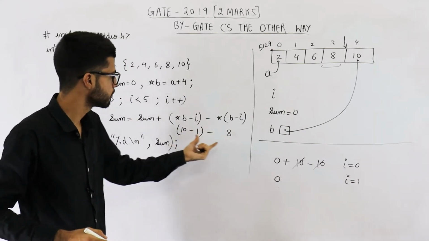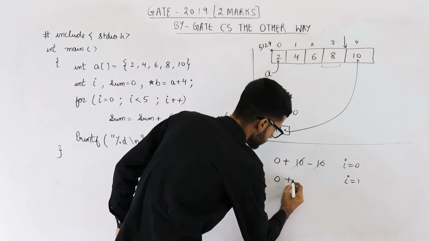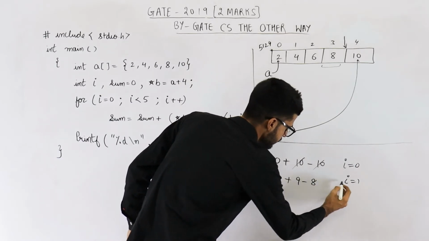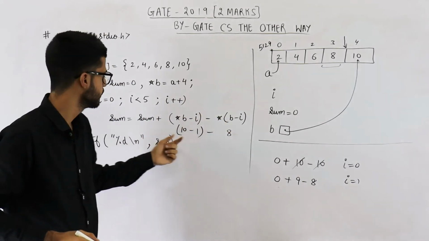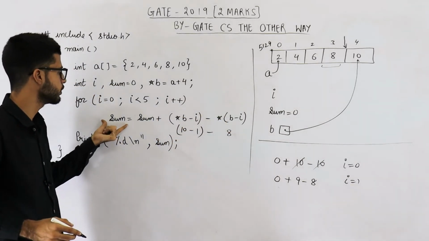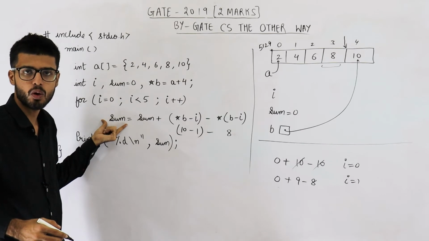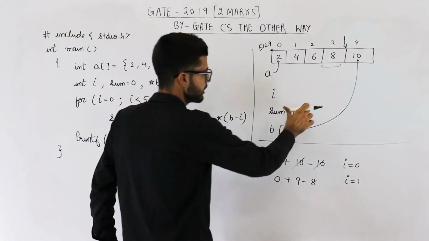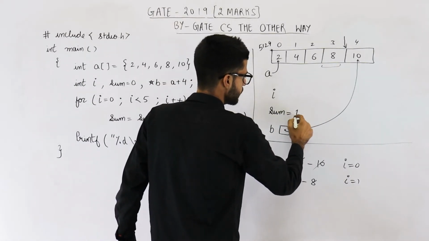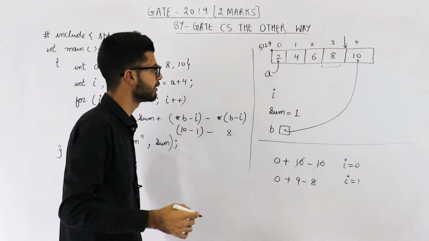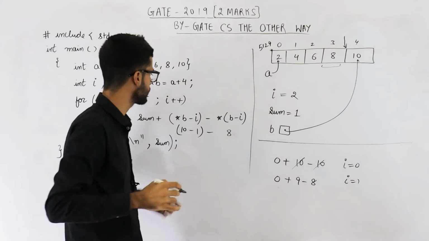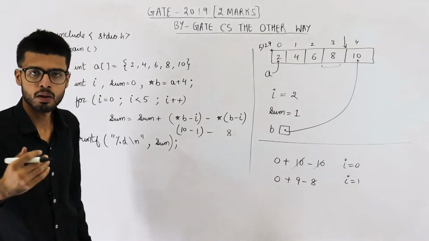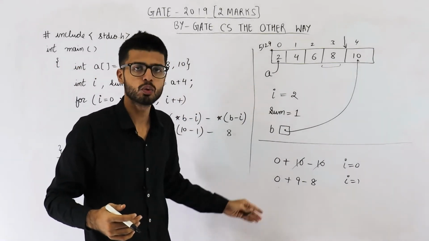So 0 plus 9 minus 8, that is 1. So the RHS evaluates to 1 and we are saving this value 1 in the variable called sum. Sum is now updated to 1 and I will become 2. So value of I is 2 for the next iteration of loop. Now I will do one thing, I'll just solve it quickly.